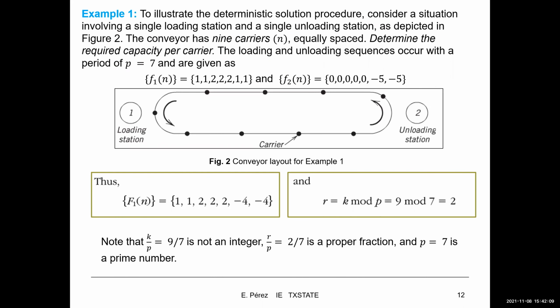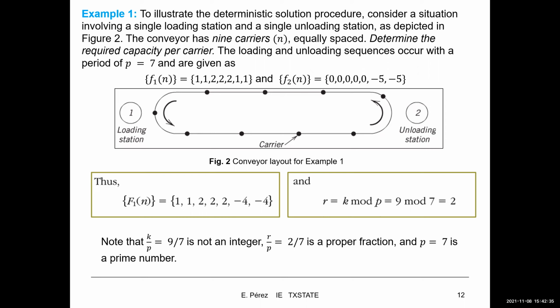So we went through this example. Here we only have two stations. One is a loading station. The second one is an unloading station. And again, this is the deterministic case in which we know for sure what will be the number of items that are going to be loaded to the conveyor and the number of items that are going to be unloaded.